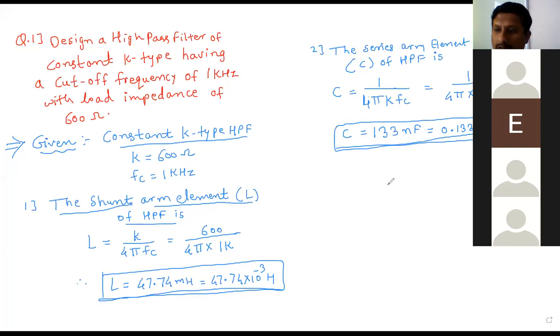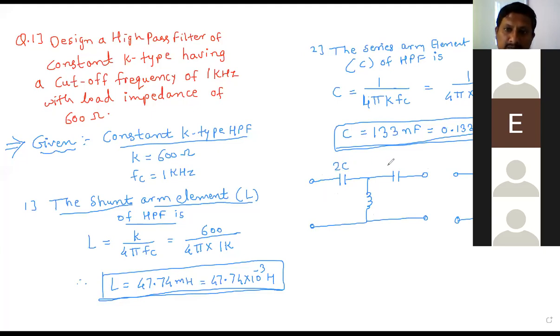Okay. So we need to draw the diagram of the T section and pi section. That is the third point now. So here the capacitor C, inductor L is in the shunt arm. For the pi section, the capacitor C is in the shunt arm. So like this.